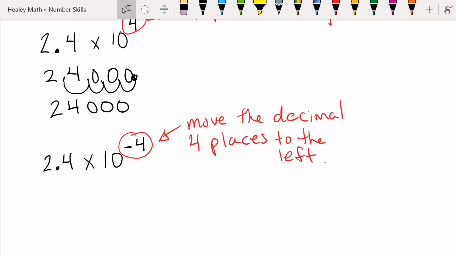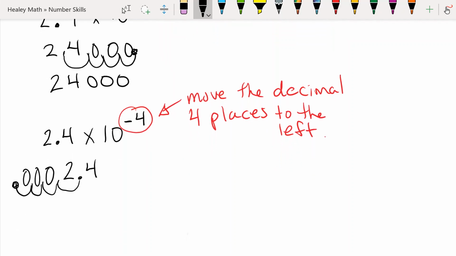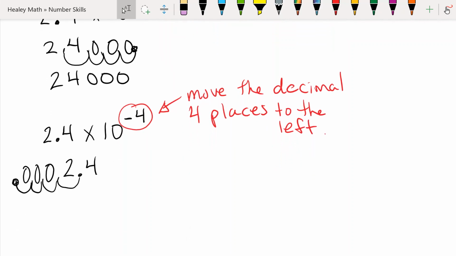So let's rewrite the number part. And we're going to move 4 to the left. 1, 2, 3, 4. We fill these spots in with zeros. So our final answer is 0.00024. And if you wish to, you can put a 0 in front of the decimal.